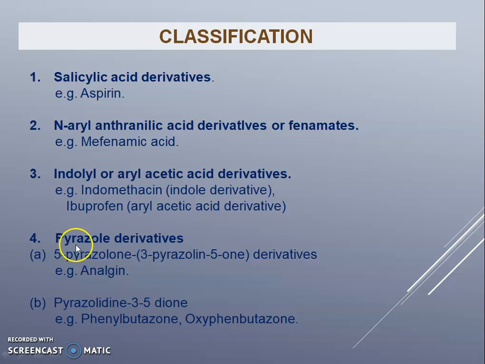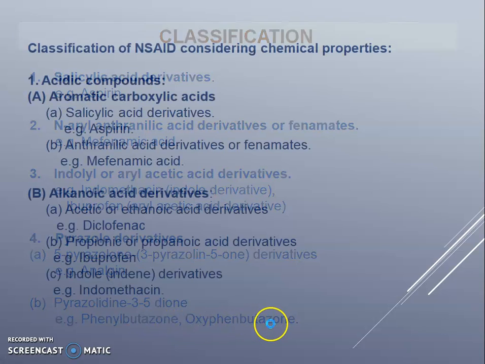And next class, pyrazole derivative, for example 5-pyrazolone derivative, for example analgin. Then pyrazolidine 3,5-dione, for example phenylbutazone, oxyphenbutazone.